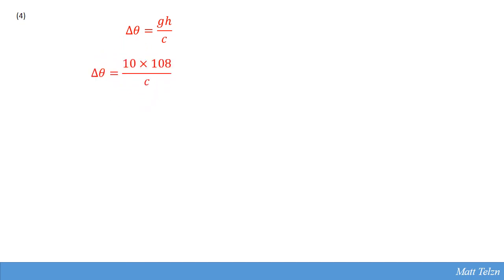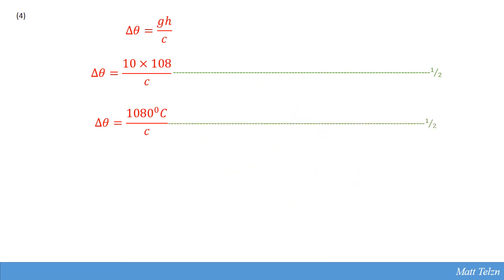Then correct substitution is half mark, and your final answer is also half mark. This is where the marking scheme stops, because the value for c, that is the specific heat capacity of water, is not given.